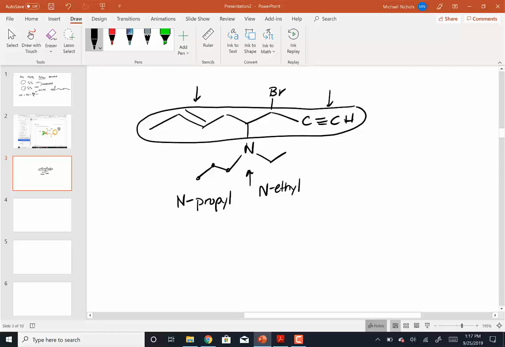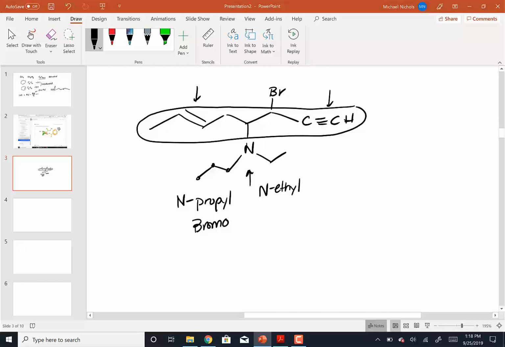So now they go into the list to be alphabetized, along with what else? Well, it's a boring problem because what did I make it? Just a bromine. So I'm going to have a bromo, an N-propyl, and an N-ethyl. Those are going to be my groups.